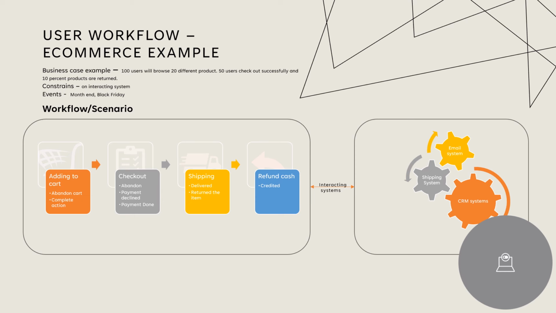When you are going to do performance testing in such an e-commerce portal, you have to look at the acceptance criteria. One of the business cases might be 100 users browsing 20 different products at the same time, and out of the 100 users, 50 users will do a checkout successfully.